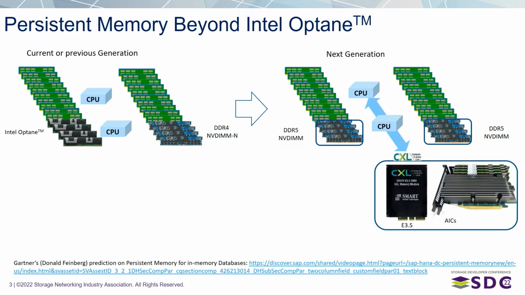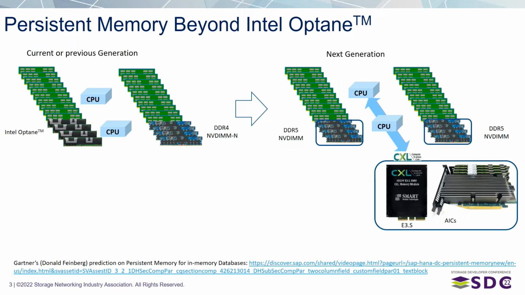Second thing is, these are very critical slots, so you do not want to put a low density memory over here. You want to maximize your memory footprint. And this is the reason persistent memory as a technology was not very popular when it was connected only on the directly attached memory buses.